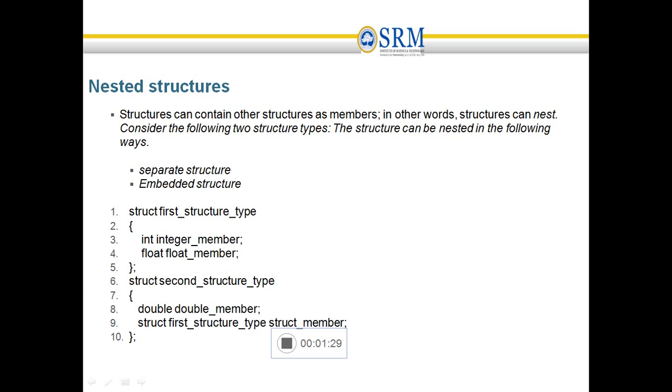The second structure, second_structure_type, has a member variable double_member, and the next member is another structure, the first structure. You define struct first_structure_type followed by any variable name. Here we define it as struct_member. So we understood how to declare a separate structure and how we nest a structure in another structure.